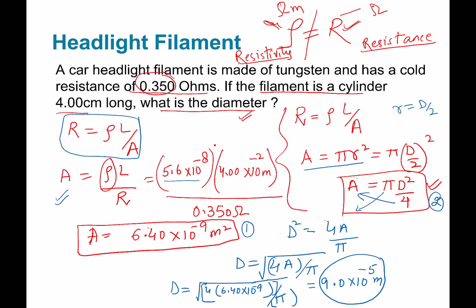The unit of resistivity is ohm meter, and that's multiplied by the length and divided by the resistance. I ended up getting the area of cross section as 6.40 times 10 raised to minus 9 meters square, and then I equate this with pi d square by 4 and get the diameter of the tungsten filament that's used in the car headlight. We end up getting 9.0 times 10 raised to minus 5 meter.